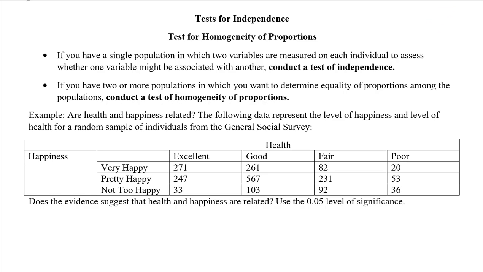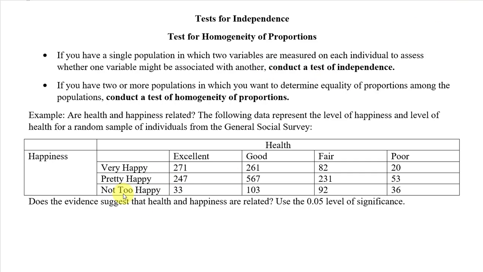So in this case, to determine whether there is a statistically significant association between the two categorical variables, we perform a chi-square test of independence because we have a single population in which the two variables are measured on each individual to assess whether one variable might be associated with another.